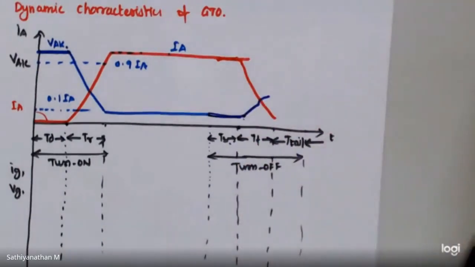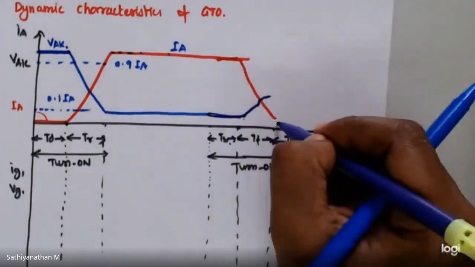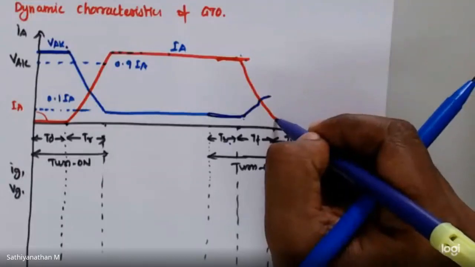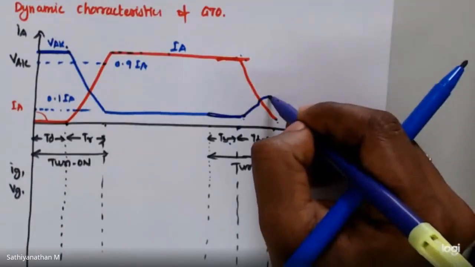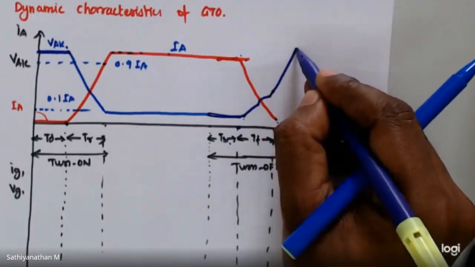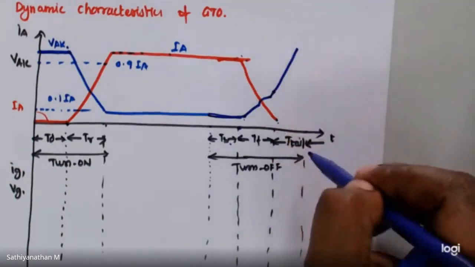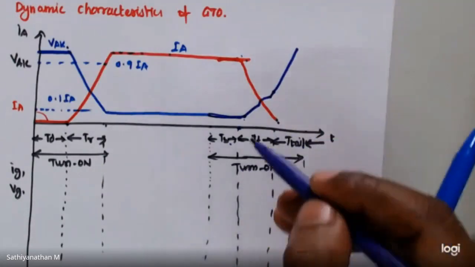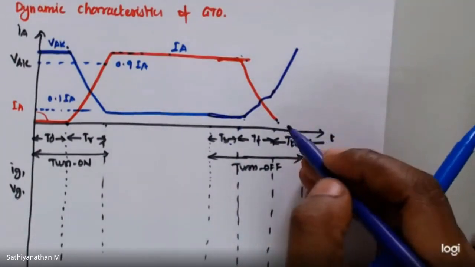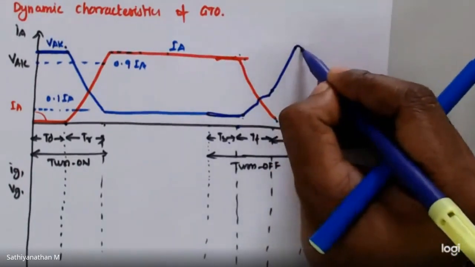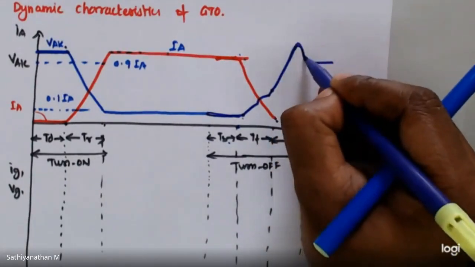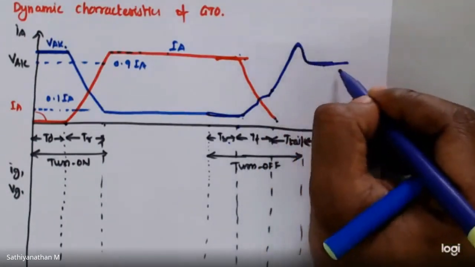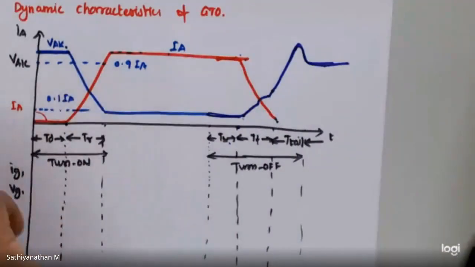increase. So during fall time, your maximum current falls from 100% to 10% of its value, and the current may increase to maximum. During this tail interval, due to a sudden change in the junction polarity, your current may have some sudden rise, and your voltage magnitude has some sudden rise, and the current also changes a little bit.